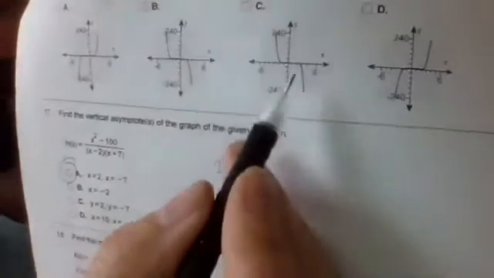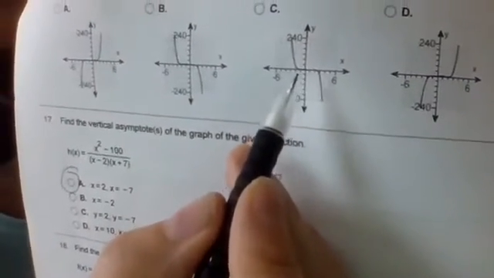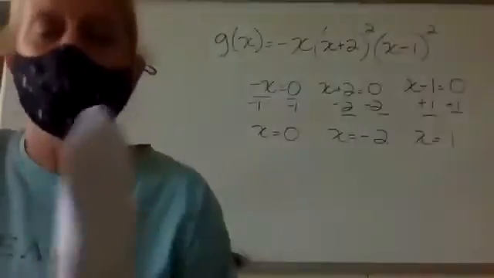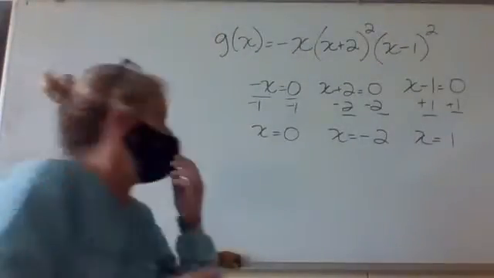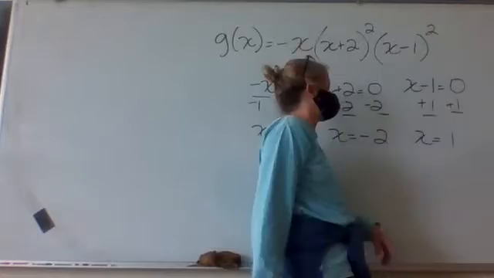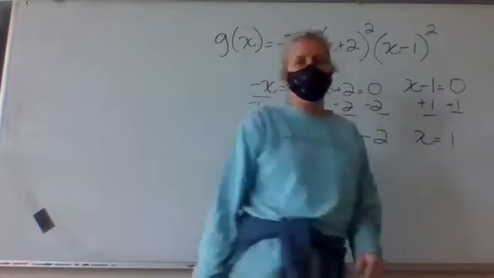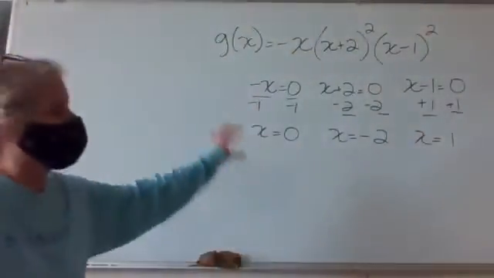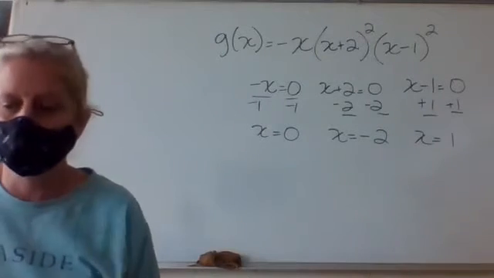On C, you'll notice, if you look real close, it doesn't touch -2 there, right? It's real close to it, but it looks like these two are kind of flip-flop. It looks like on C, it touches at +2 and -1. Okay, so just be real careful when you're looking for those x-intercepts.